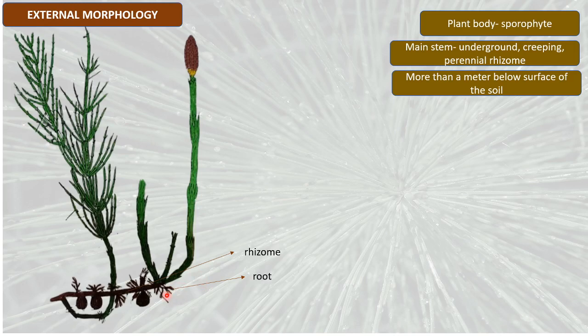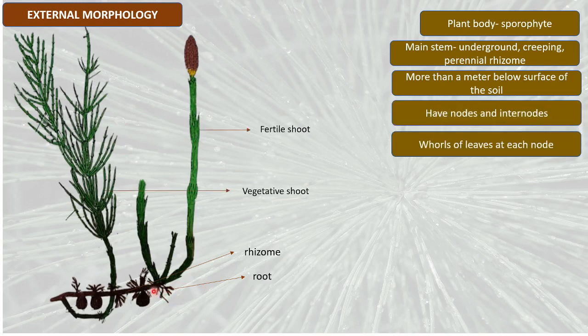So this is the rhizome. These are the roots, and this rhizome gives rise to the aerial shoots, right? These are the aerial shoots, the above ground part. The rhizome gives rise to two types of aerial shoots: vegetative shoot and fertile shoot.